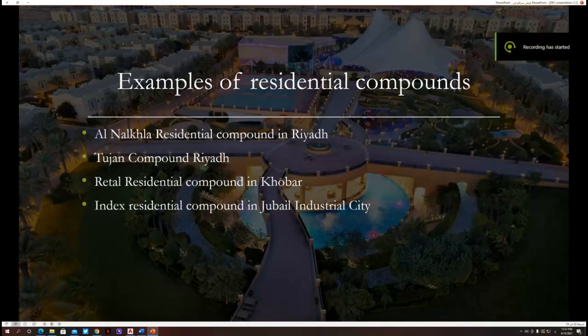My name is Abdullah Ammari. I will continue the presentation from here. Here are examples of residential compounds in Saudi Arabia. There is Nakhla residential compound in Riyadh, also Tujan compound in Riyadh, Rita residential compound in Khobar city, and Index residential compound in Jubail industrial city.